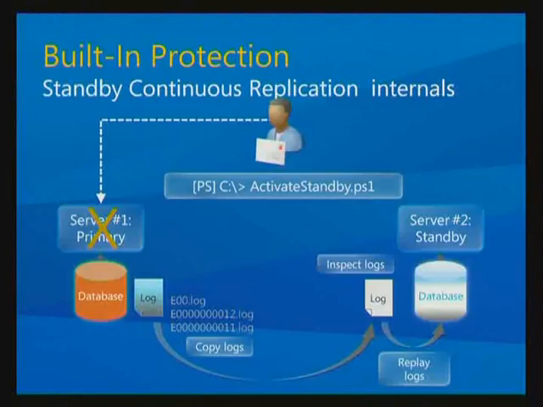This script, activate standby.ps1, represents about 5 actual command lines that set the standby server to active and make sure that all of your other server roles know that this new server is the one they should point mail to, and then your users can connect to it. Again, this is manual, but with a clustering solution, that would not be a manual process.